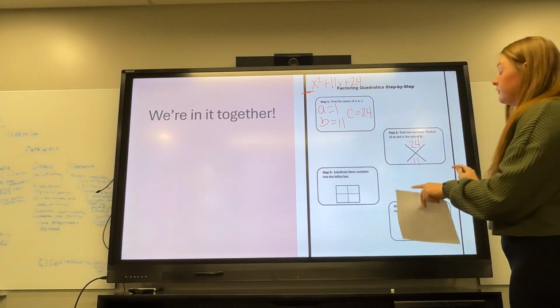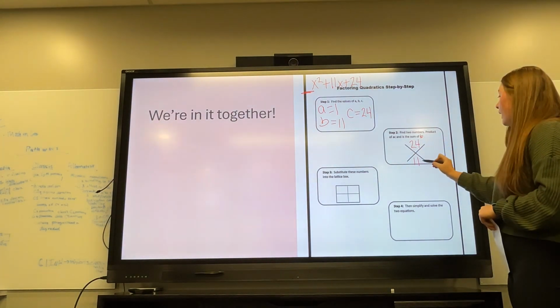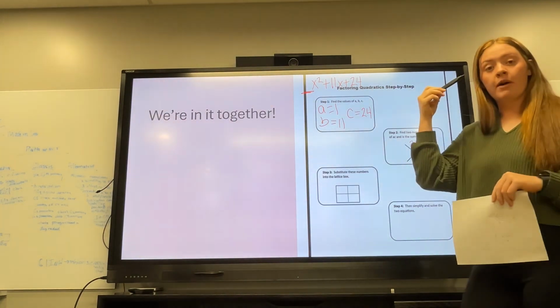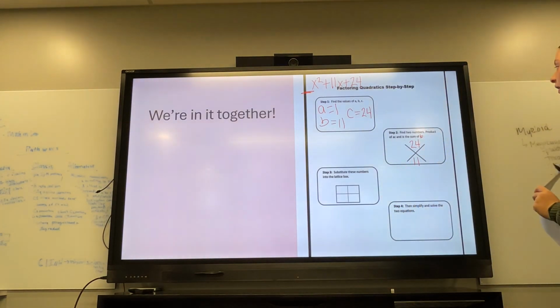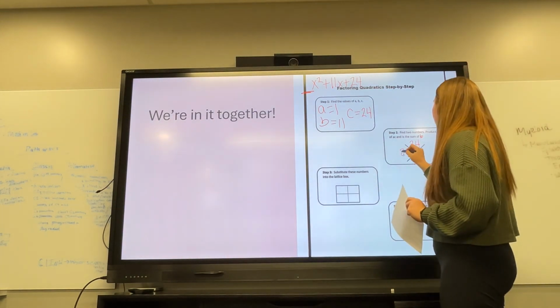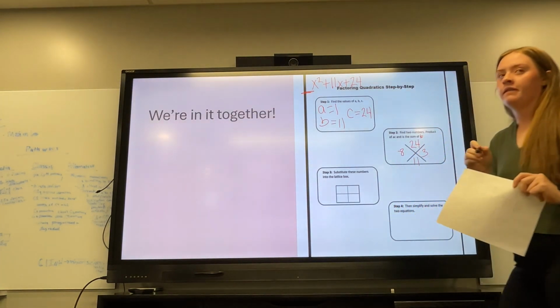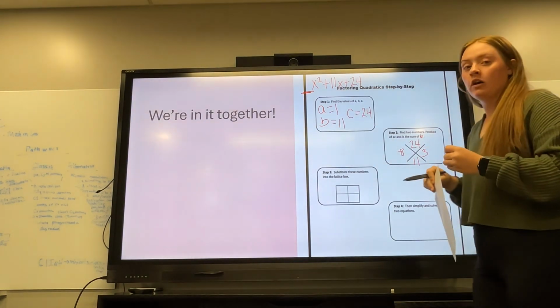Okay, so we have to find two numbers that multiply to 24, but that also add to 11. So go ahead and think about it. Okay, hopefully you thought about it, and I got 8 and 3. Okay, so 8 and 3 multiply to 24, but also add to 11.